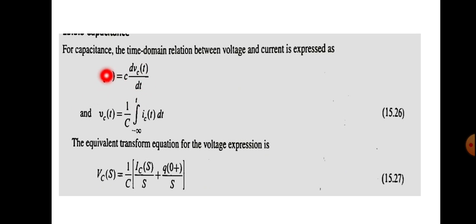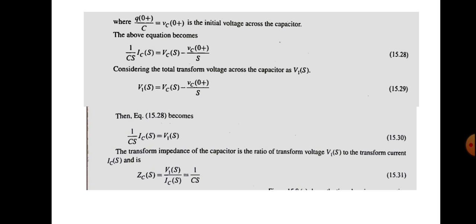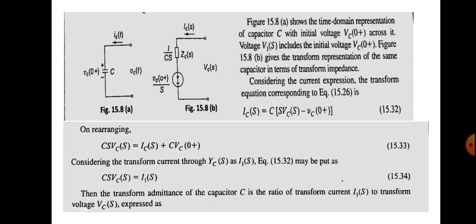Taking the Laplace transform of this equation, we get Ic of s equal to C into s into Vc of s minus Vc of 0 plus. That is the transform equation for the current in the case of a capacitor.